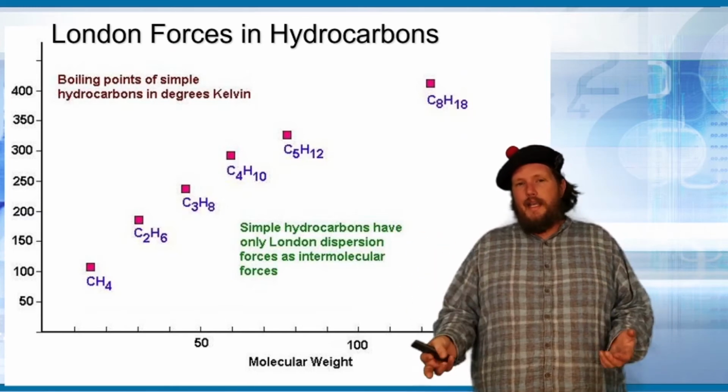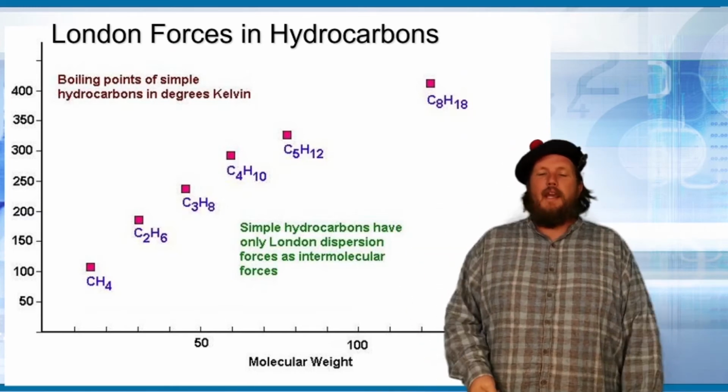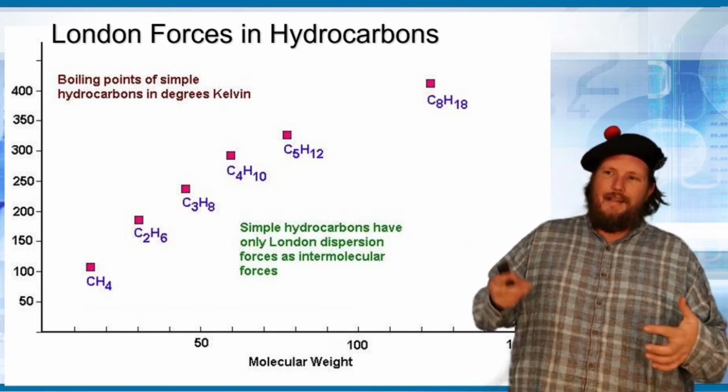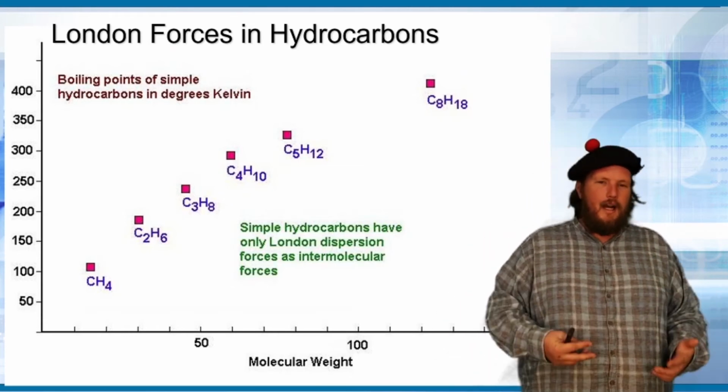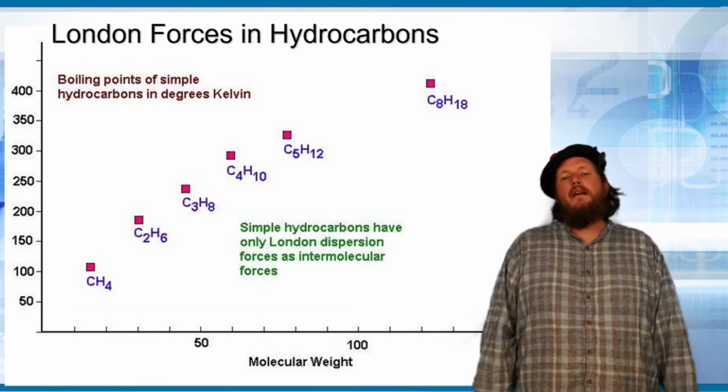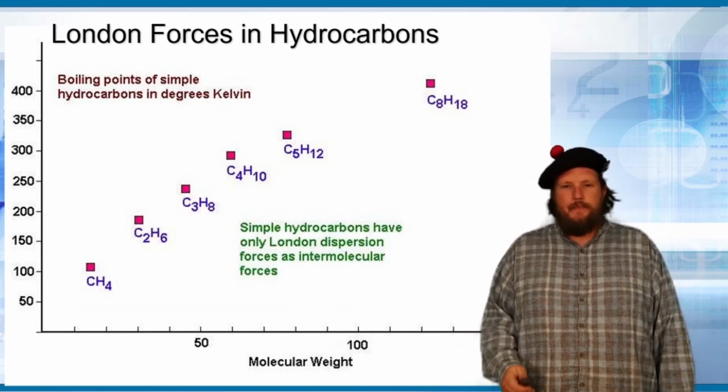And this is octane, which is what we think of when we think of gasoline, because we have an octane rating. Well, gasoline's more complicated than that. It's not just octane, but this is octane.